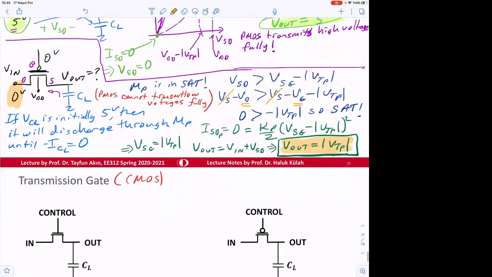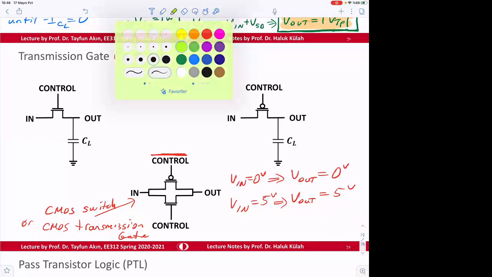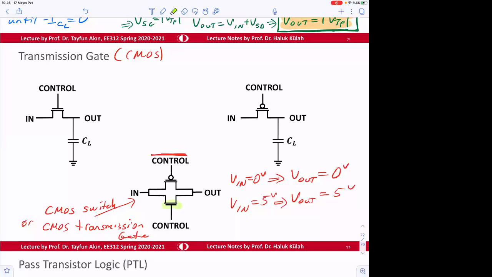So therefore, when we think about both of these, we can come to the transmission gate. The best thing, if you want to use this transistor as a switch, is to use both NMOS and PMOS at the same time, and then 0 volt will be transmitted as 0 volt, and 5 volt will be transmitted as 5 volt.